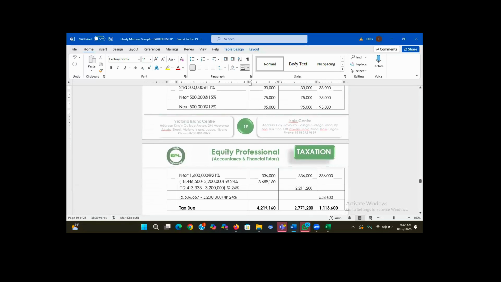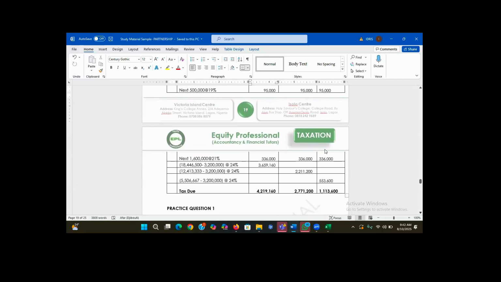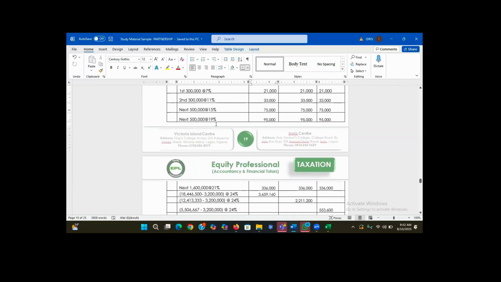Now, what you do for Miwa, after you remove 500, 300, 300, 500, 500, and 1.6, you know the total is 3.2 million.